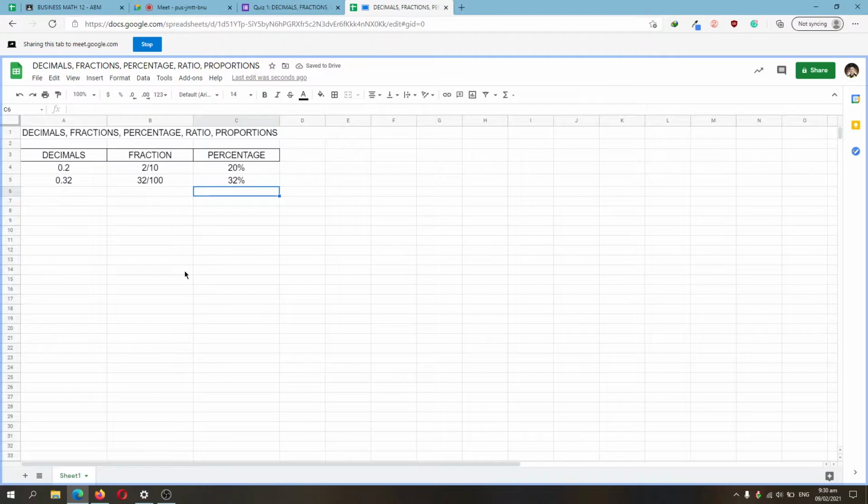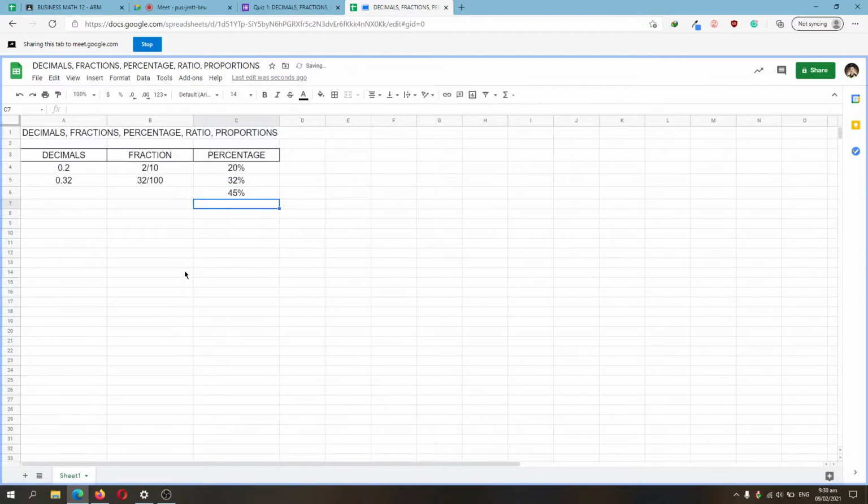So, what if ang given sa atin ay percentage? Anong gagawin natin? For example, we have 45%. Paano natin i-express ito as decimal? So, again, pag papuntang decimal, papuntang left. So, 45%. Decimal place tayo ng dalawa.